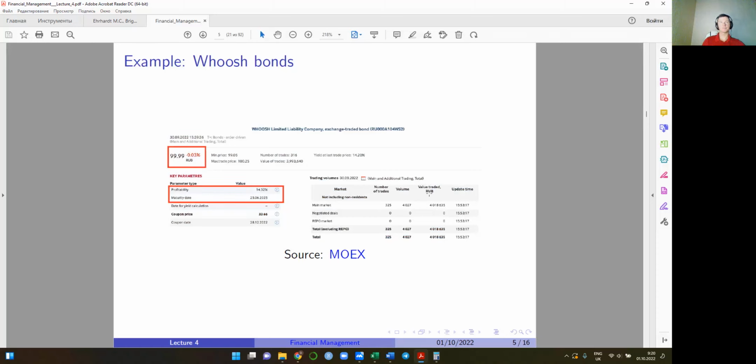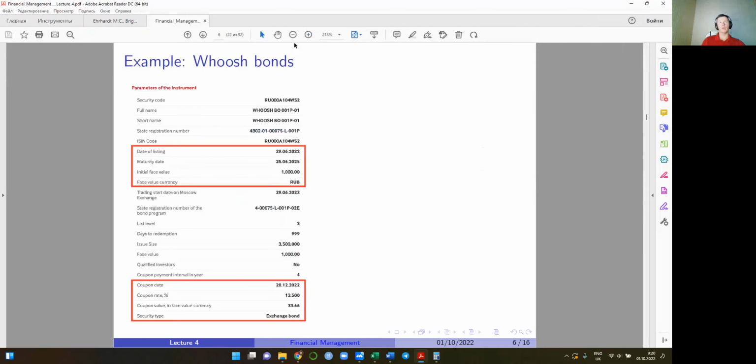But where can we find the parameters of this bond? Here is another table where we can extract all the necessary information about these bonds. These are some formalities: security code, full name, registration number, ISIN code.